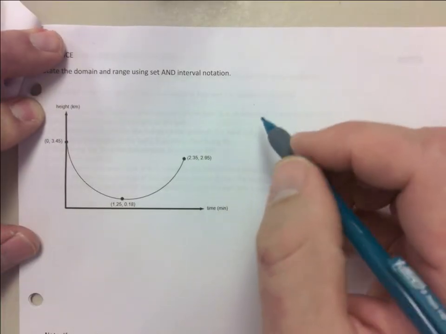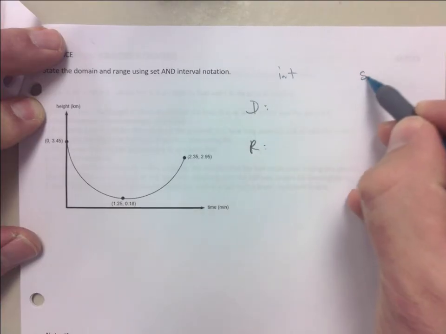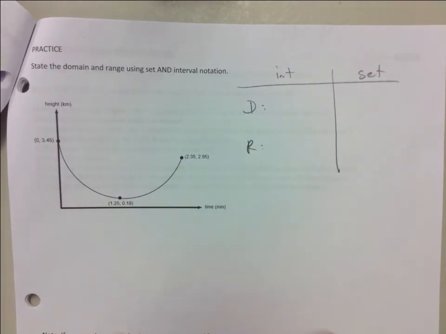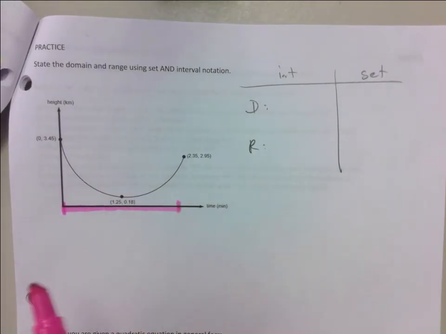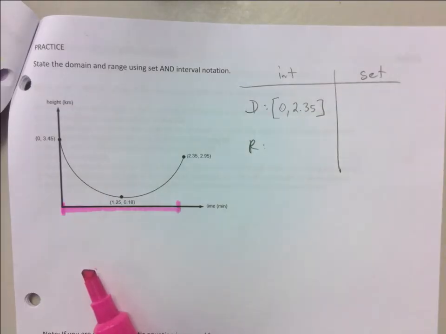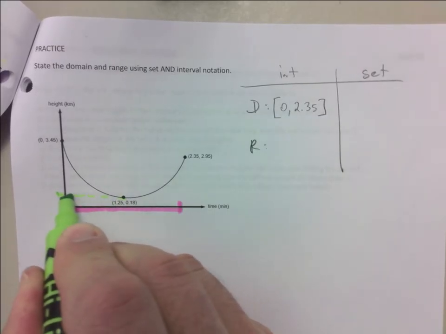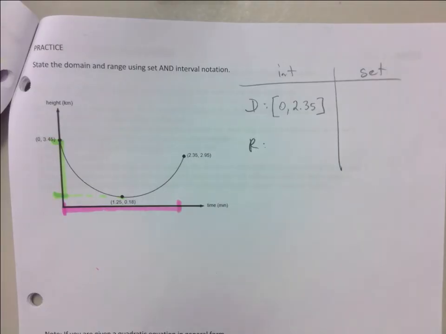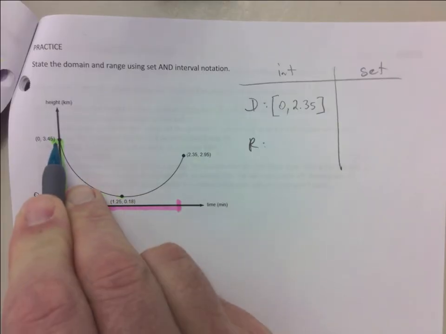Interval, set and interval, so we'll do both. So for the range, we go from 0.18 all the way to 3.45.